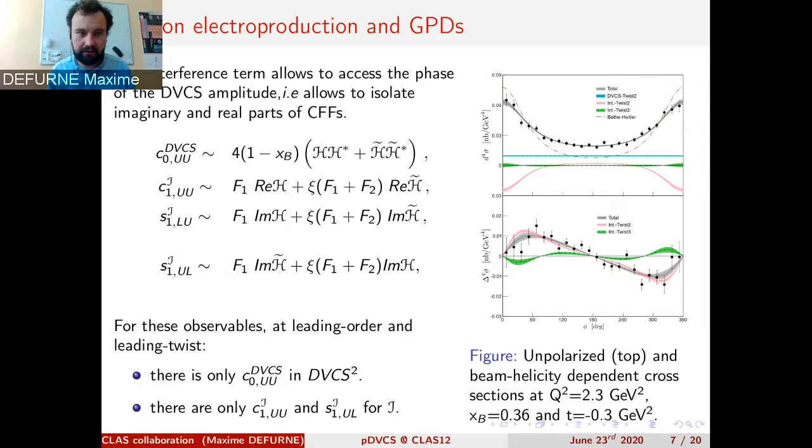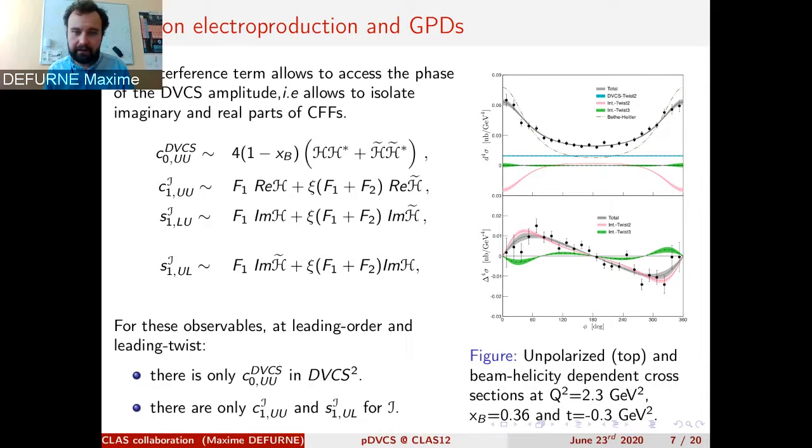So for instance, the cos phi harmonic carried by the interference gives us information about the real part of the Compton form factors H and H tilde. Here, F1 and F2 are the elastic form factors coming from the Bethe-Heitler. Concerning the beam helicity dependent cross-section, you get information about the imaginary part of the Compton form factors.